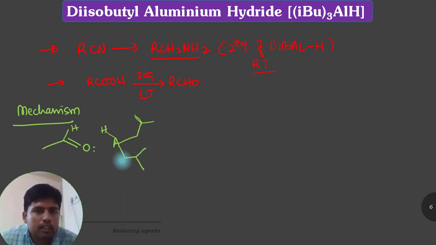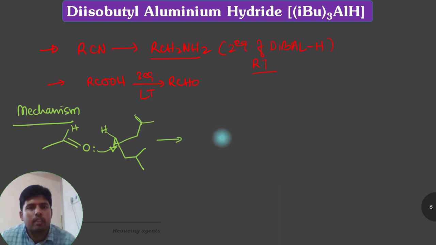So this will actually interact with the lone pair, and it forms tetrahedral intermediate. So this tetrahedral intermediate is stable only at low temperature.